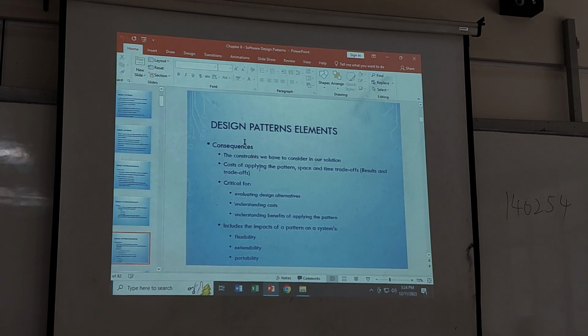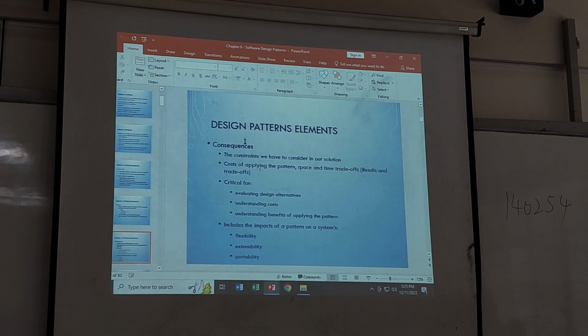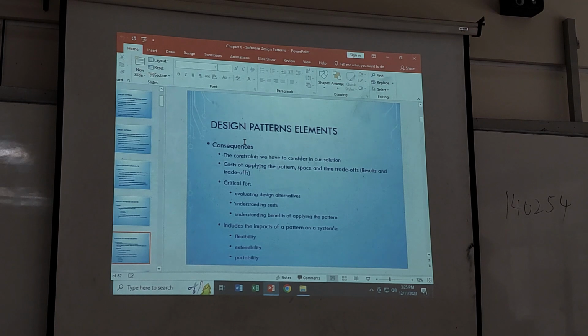the consequences. So when you want to apply the design pattern, sometimes we may need to refer to the constraints of our solution first. There may be certain constraints such that it is not so suitable to apply such a design pattern. And there is the cost of applying the design. So why do we need to consider this?